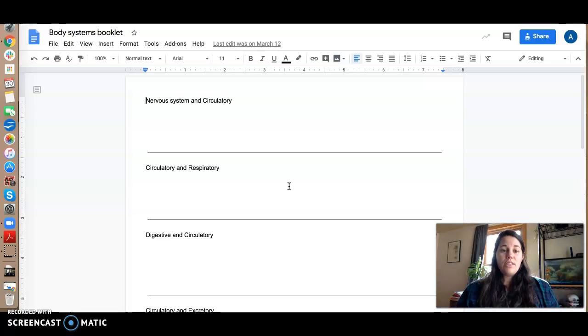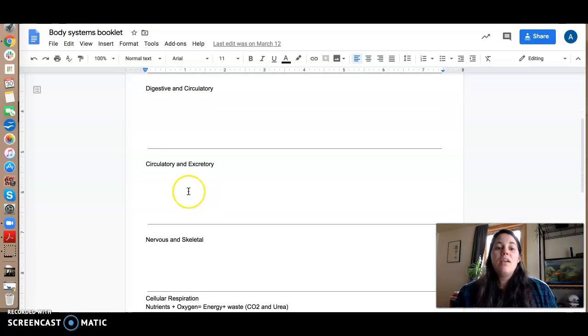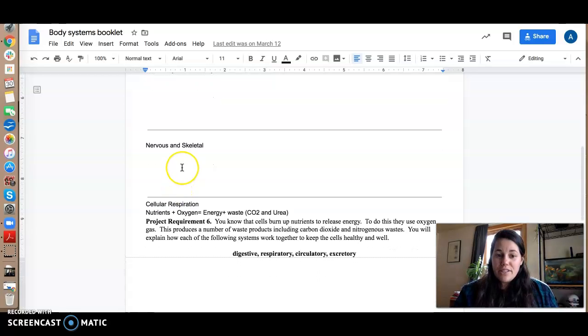So for example, in this section here, you would type about the nervous system and how it works with the circulatory system. Here you would include information about how the circulatory and respiratory systems work together. Again, we've got digestive systems and how they work with the circulatory system and how it works with the excretory system, and our nervous system and how it works with the skeletal system.